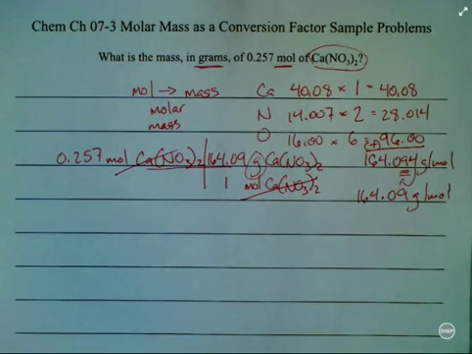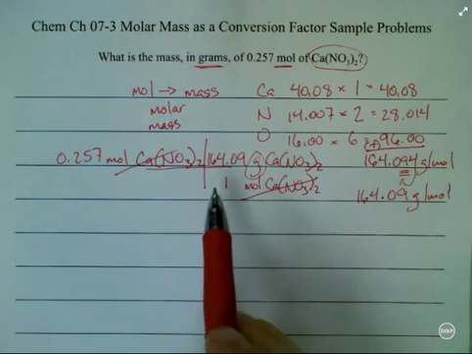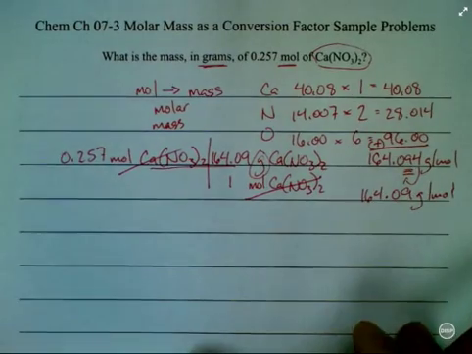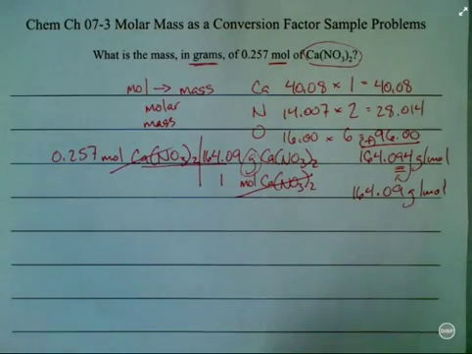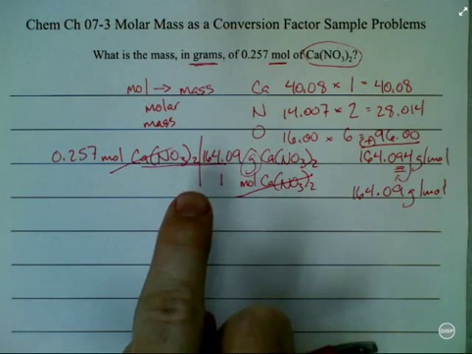So in the calculator, I will put 0.257, and I will multiply by 164.09 because I've set up this conversion factor looking at the units first, and because I've done that, the setup will actually tell me what mathematical function to carry out. Whether I multiply or divide, it will actually be communicated to me by the setup.